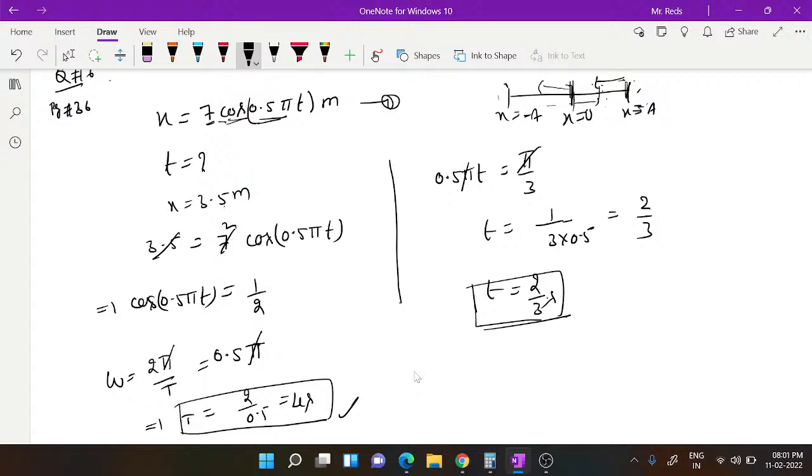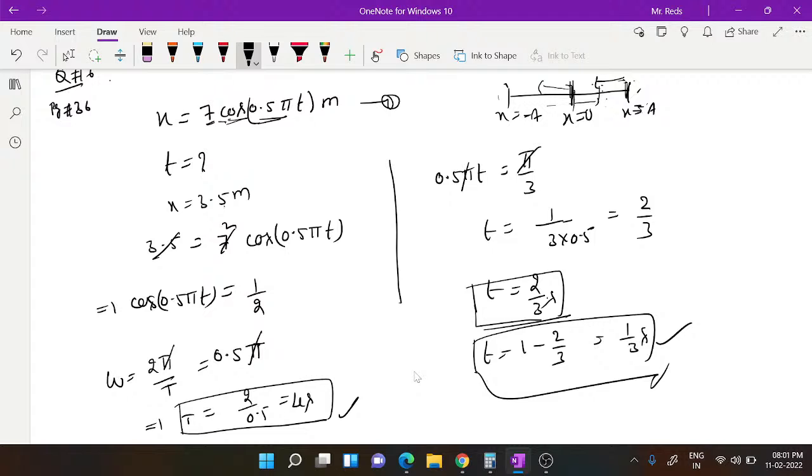To travel from here to here takes 1 second, so the corresponding time is 1 minus 2 by 3, which is 1 by 3 seconds. So you have to understand it before.